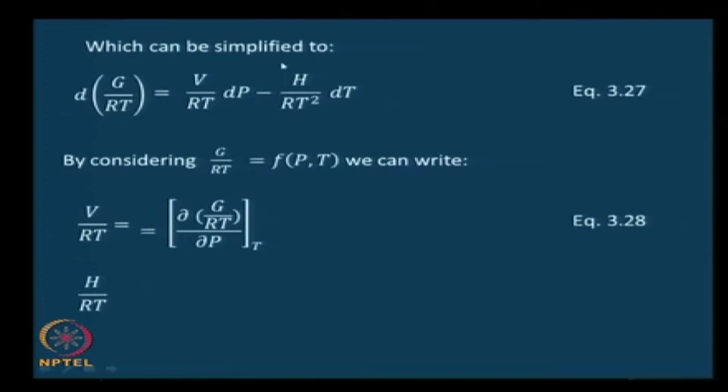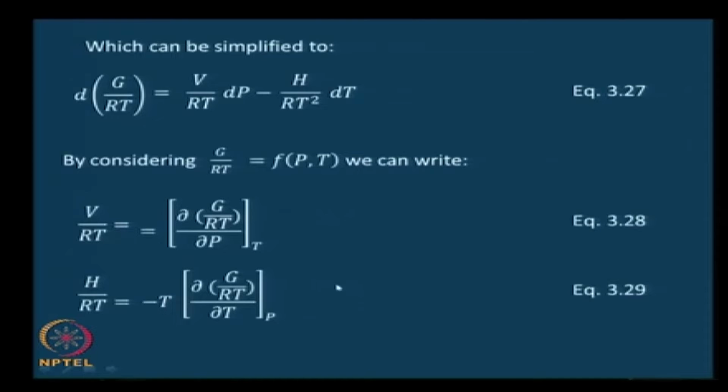Therefore, if you replace this with the partial differential, it would be dou G by RT by dou T at constant P, and that would be minus H by RT squared, and therefore H by RT is minus T times the partial differential. And so we are done with V.